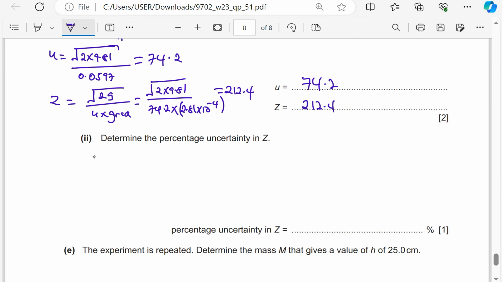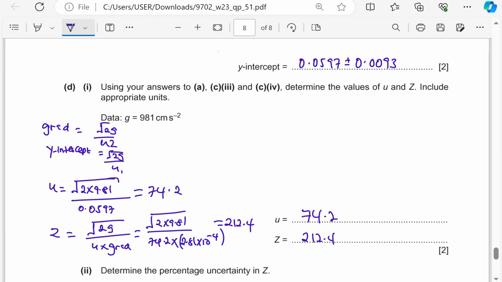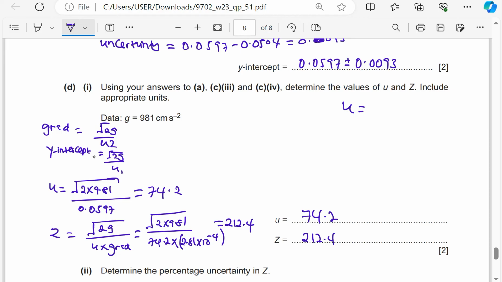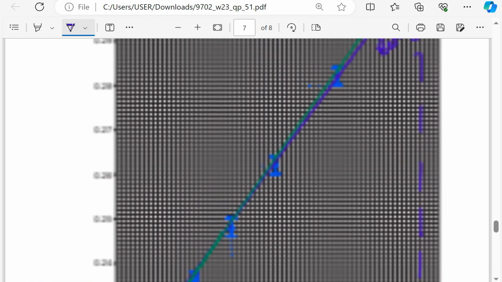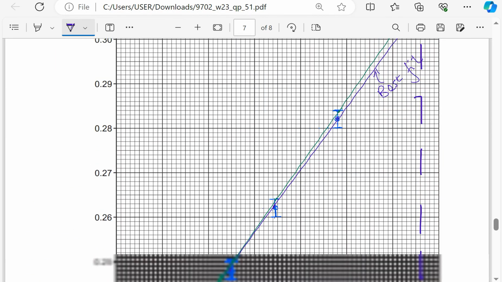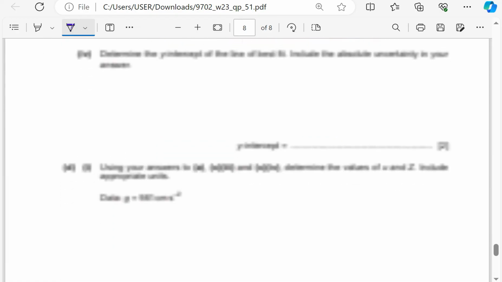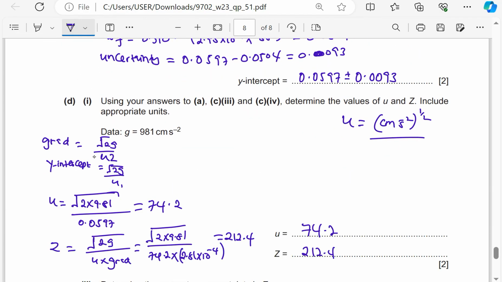What is missing is now the units. So I will calculate the units. The units for u, we have centimeters per second, but this is under the square root, so this is power half, divided by the y-intercept. Of course, the y-intercept was centimeters power minus a half.